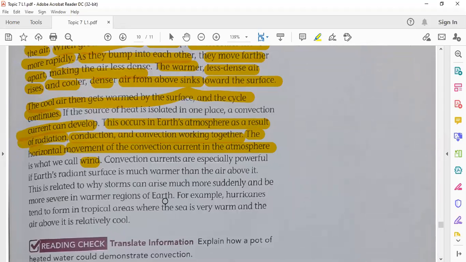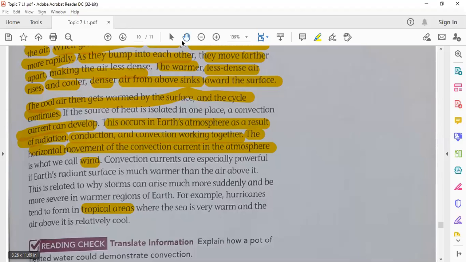Regions of Earth that are warmer always have very, very strong storms. For example, hurricanes tend to form in tropical areas. Tropical areas are areas that are close to the equator.